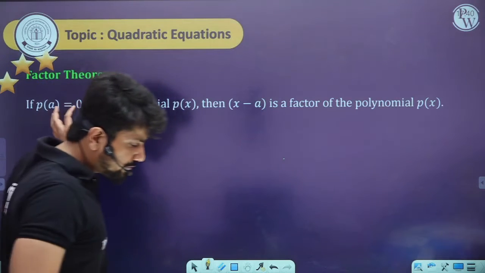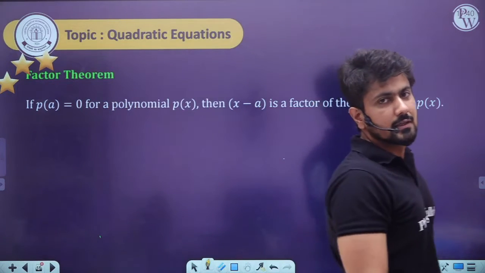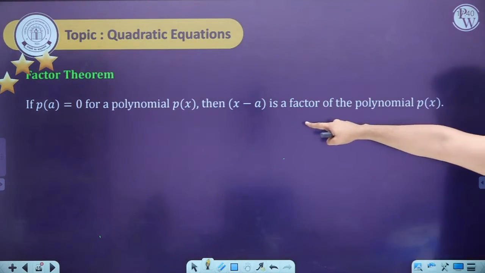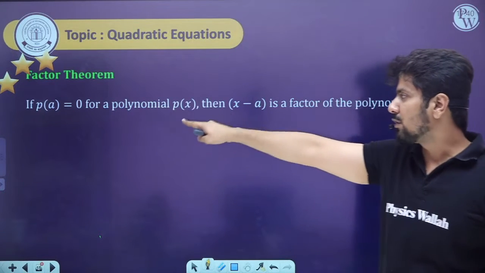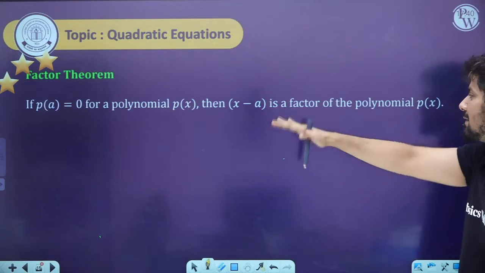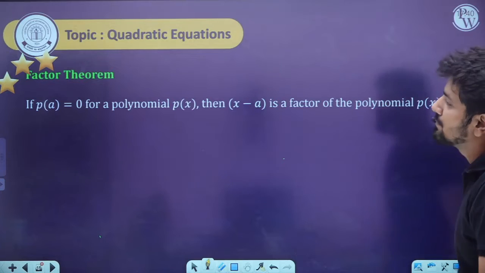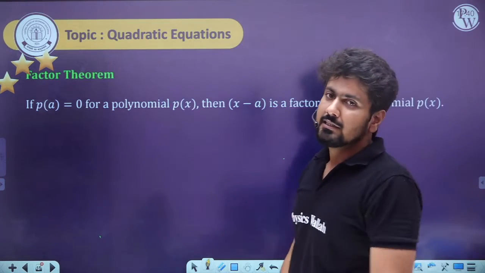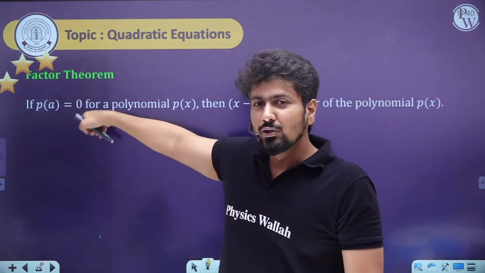Now if P of A is 0, read this statement. If P of A is equal to 0 for a polynomial Px, then x minus A is a factor of the polynomial Px. What is P of A? You have just seen this.